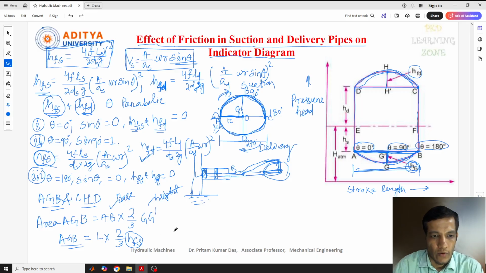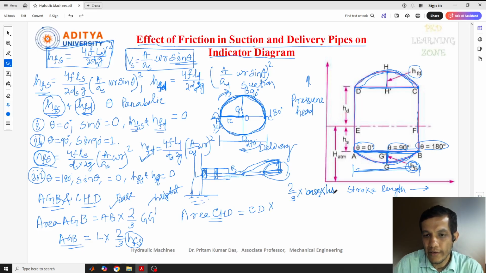Now again we need to find the area. Similarly, we can find the area of CHD. The same way, we write CD, the stroke length distance. The formula I told you is 2 by 3 into base into height. So here also CD into 2 by 3 into HH dash.